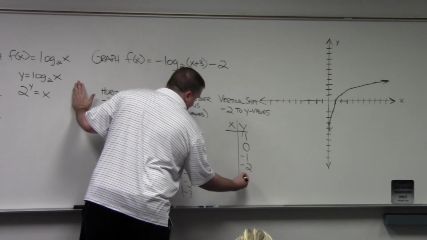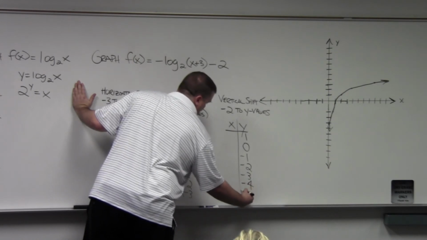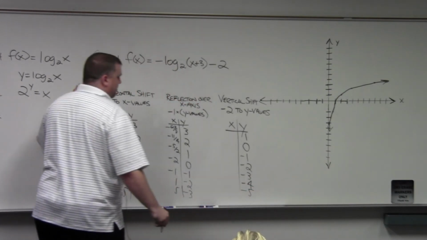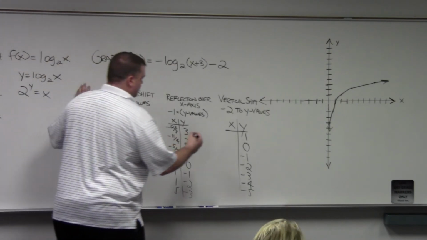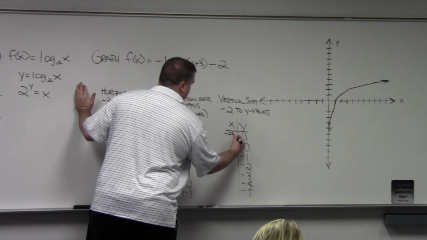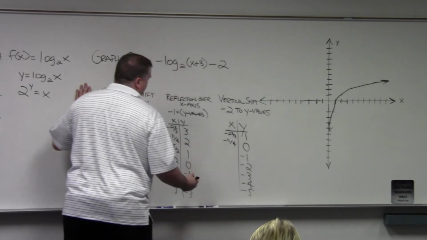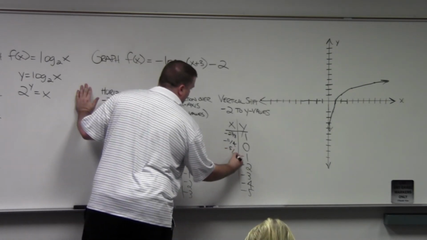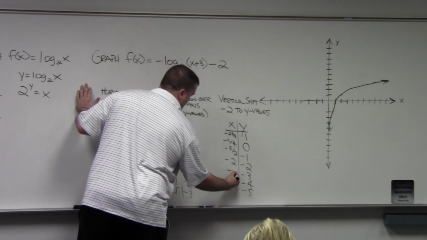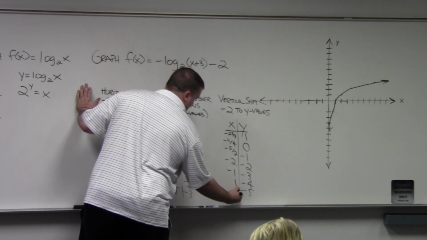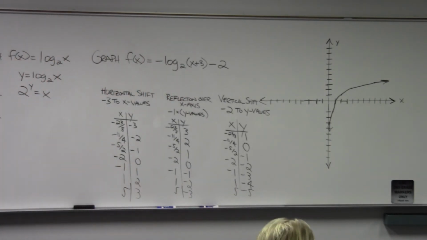So negative 2, negative 3, negative 4, and negative 5. The vertical shift does not affect my x values. So those are going to stay the same for that transformation.